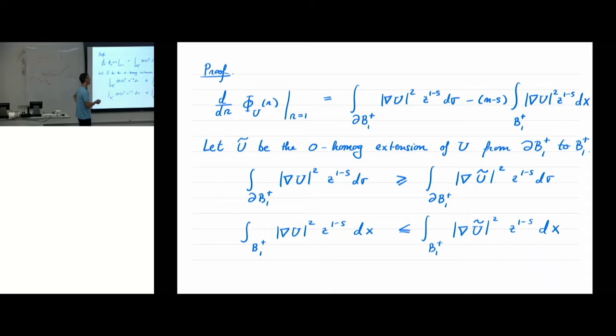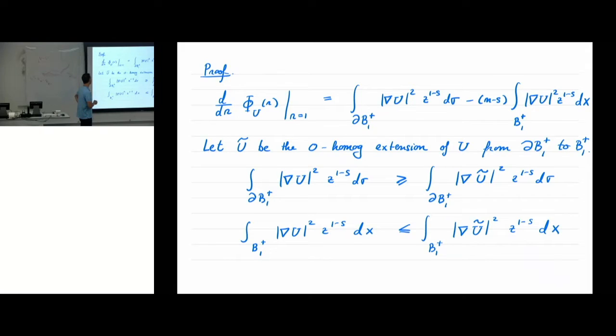When I differentiate the integral on the solid half ball, I get the integral on the boundary, on the spherical cap. And then I have to subtract this constant n minus s that comes from differentiating r, that's the scaling factor, times the full integral. So this is the derivative.